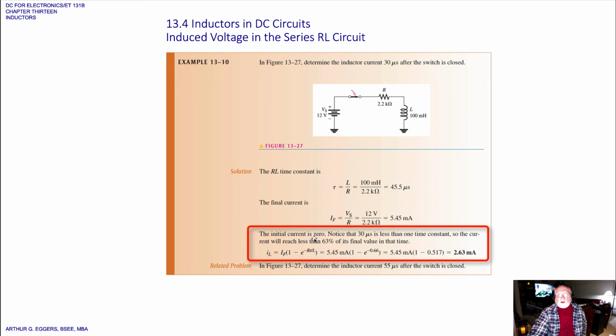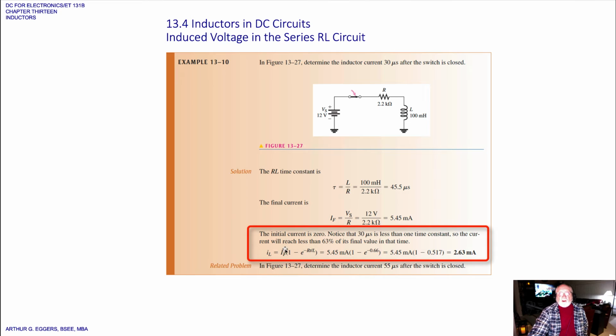The initial current is 0. Notice that 30 microseconds is less than one time constant, which is 45.5 microseconds.